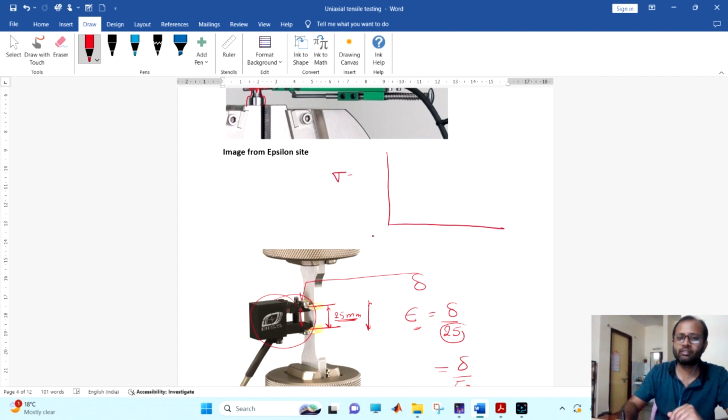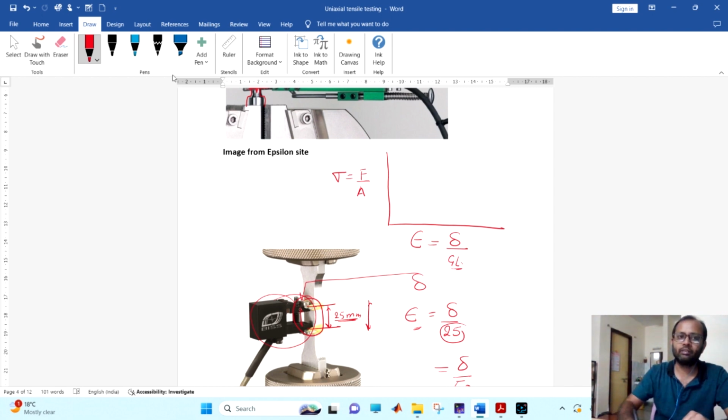We have got the stress, that is force by area, and now the strain, that is displacement by gauge length, and this gauge length we will directly get from the extensometer. It will come within a fixed gauge length.